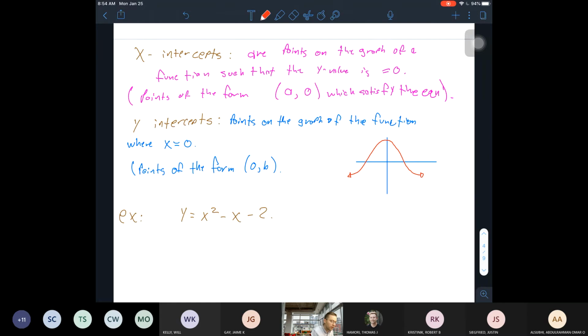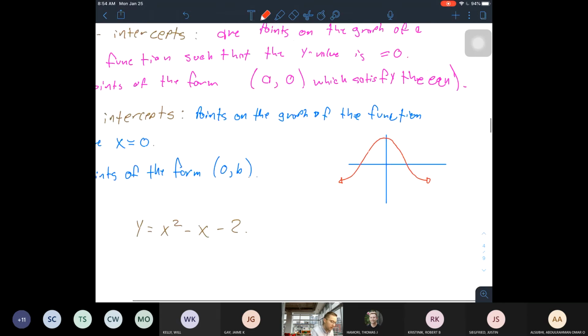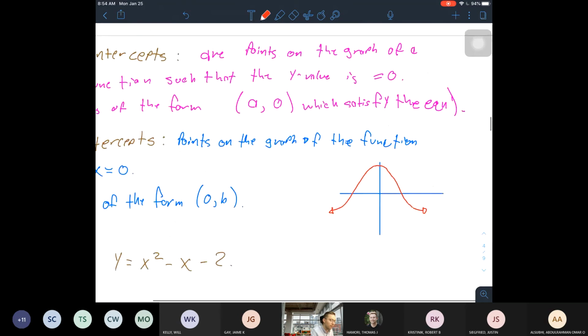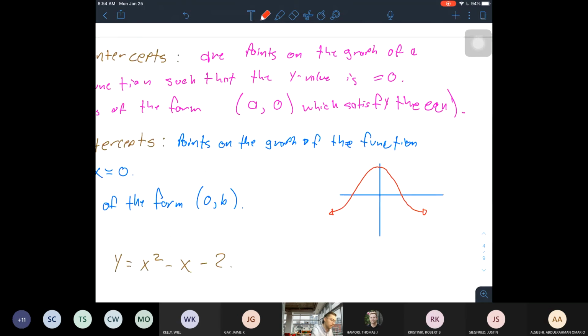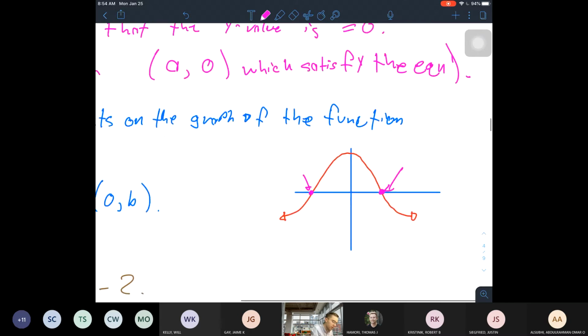Okay, remember the y value is the height. So we look for the places where the y value is going to be equal to 0. That's going to be right here and right here. Okay, these are going to be x-intercepts.